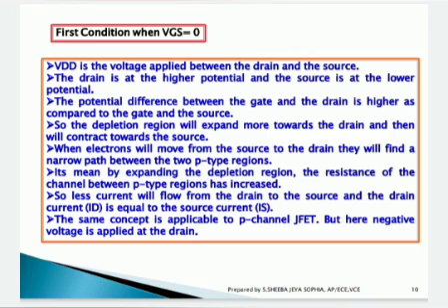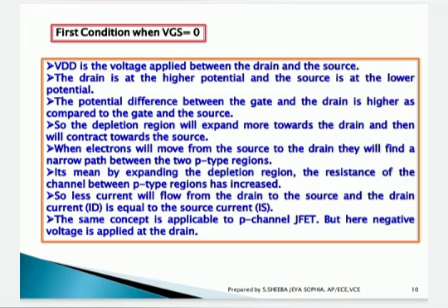When electrons move from source to the drain, they will find a narrow path between the two p-type regions. It means by expanding the depletion region, the resistance of the channel between the p-type regions has increased. So less current will flow from the drain to source, and drain current ID is equal to the source current IS. The same concept is also applicable to P-channel JFET.